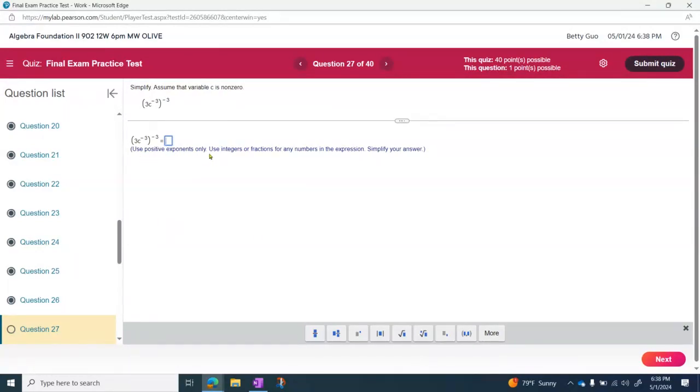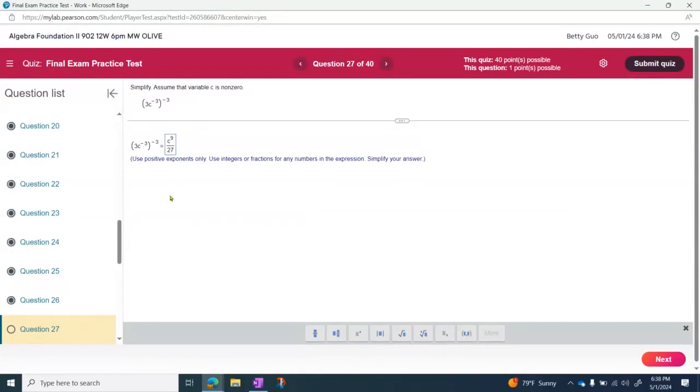Use positive exponents only. Use integers or fractions for any numbers in the expression. Simplify your answer. So I'm going to use this, and I have 27 on the bottom. And the numerator is going to be c to the power of 9, because -3 times -3 is a positive 9. c to the power of 9.